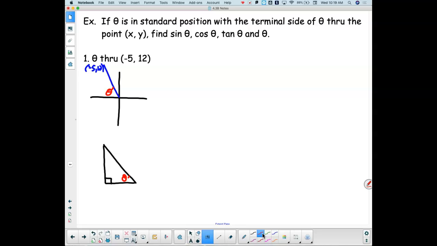What sides can I fill in? Yes, sir. Which one is which? So the horizontal one is 5. That's my x value. Okay. So this one could be 5. My vertical could be then 12. Love it. Okay. Do we all agree with that?